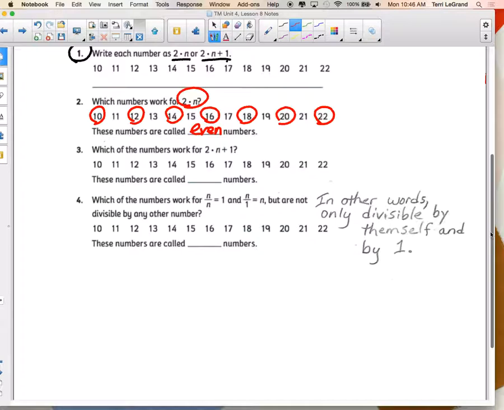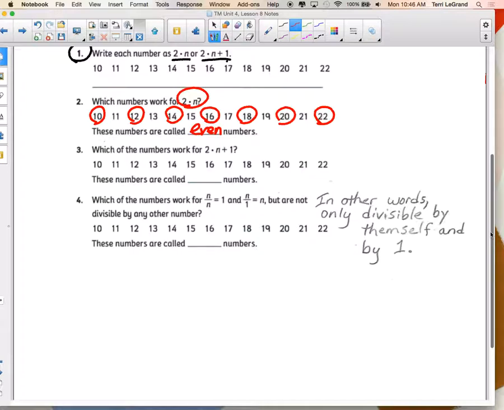When n is, it starts with an I. If you take it times 2, you'll have an even number. An integer. And did it matter what you were multiplying by?